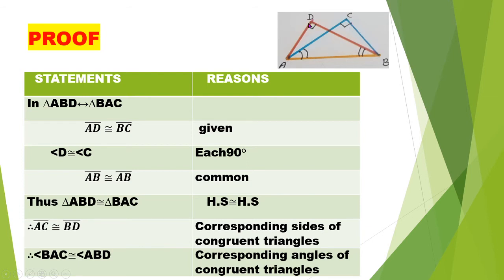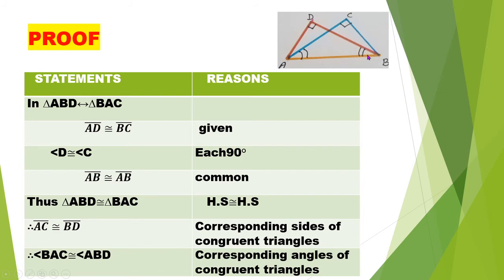This side AD is congruent to side BC according to given. So the reason for this statement is given. Then angle C is congruent to angle D because each of these two angles is of 90 degrees. AB, this side AB, you can see that this AB side is the common side of these two triangles.